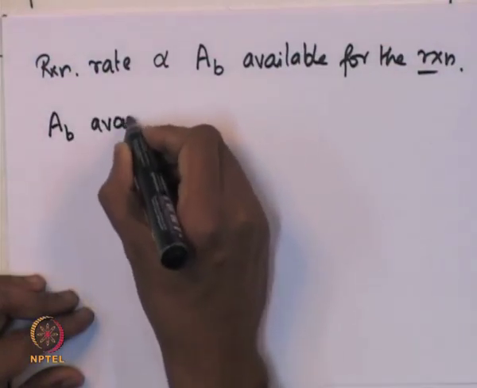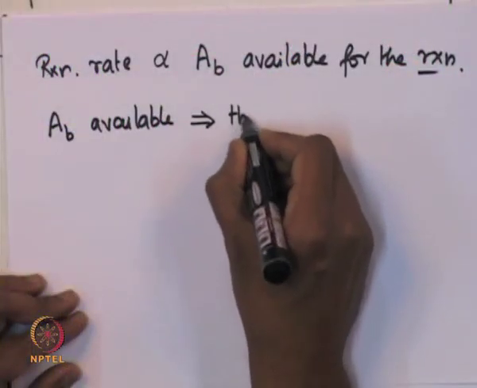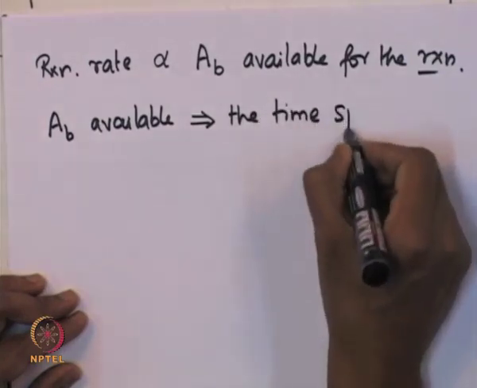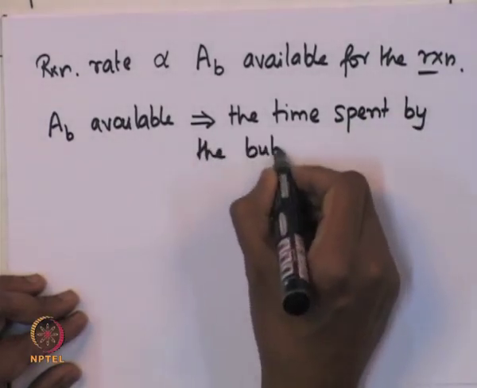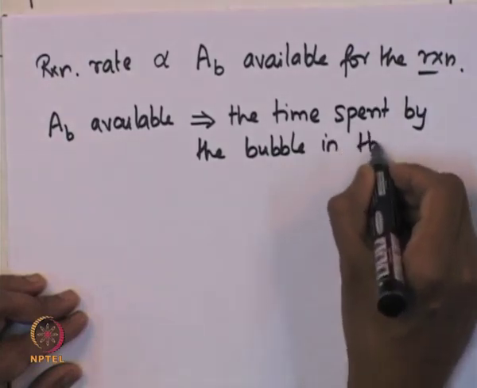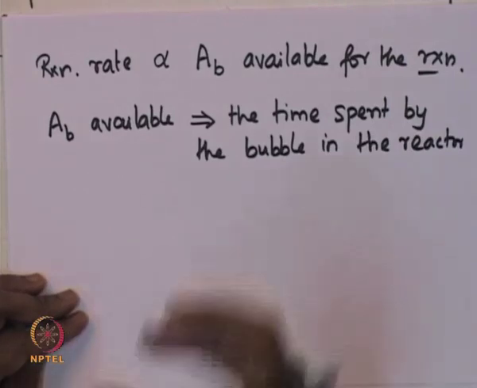So, remember, it is not just the surface area of the bubble, it is the surface area of the bubble which is available for the reaction to occur when the bubble is rising from the bottom to the top of the reactor, and that depends upon the time spent. So, that depends upon the amount of time that the bubble actually spends inside the reactor.